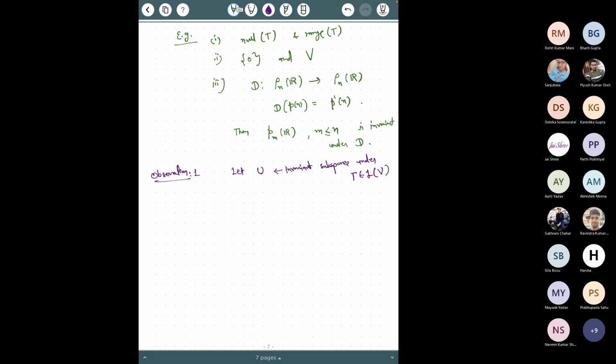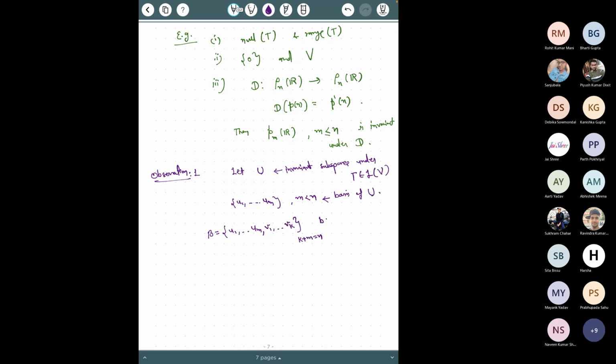V is finite dimensional, so U is also finite dimensional, so I can find a basis for U. Let's say u_1 to u_m, where m is less than n, the dimension of V, is a basis of U. Then I can easily extend this basis of U to a basis of V, where k plus m is equal to n.